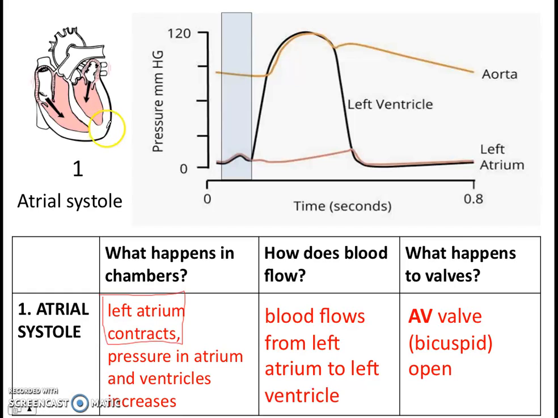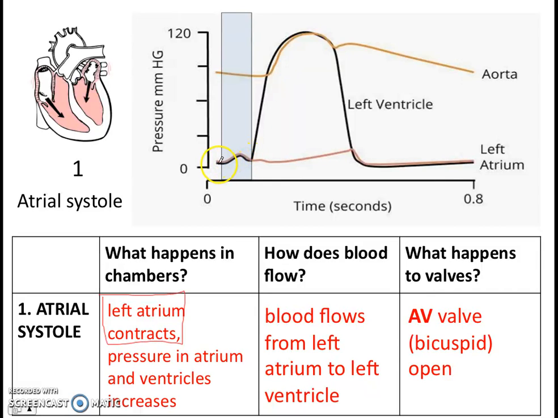Now, what pressure changes happen during this event? Because the left atrium contracts, the pressure inside the left atrium will increase slightly. If you look at the graph here, this red line shows the left atrium's pressure. You can see that at this point, the pressure starts to increase slightly because the left atrium contracts.